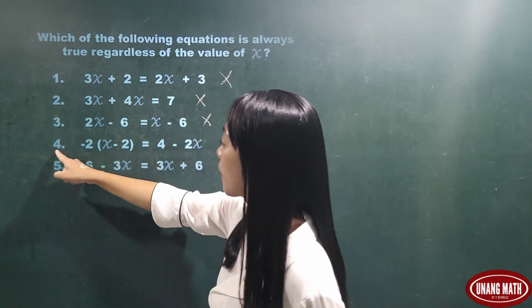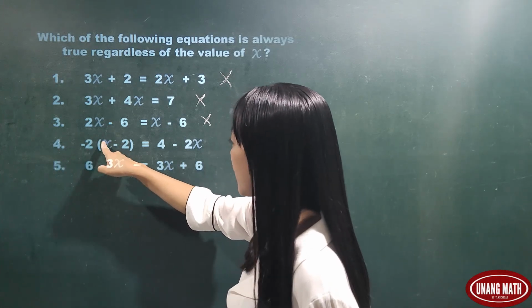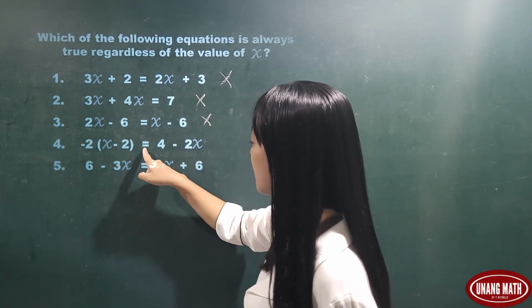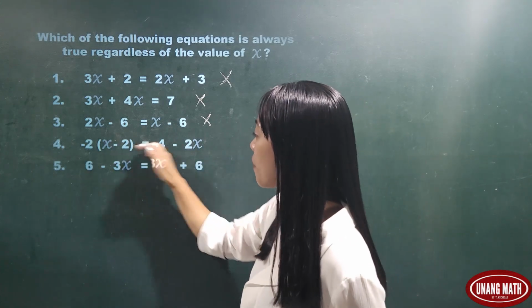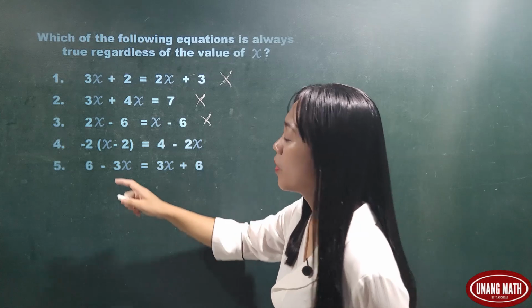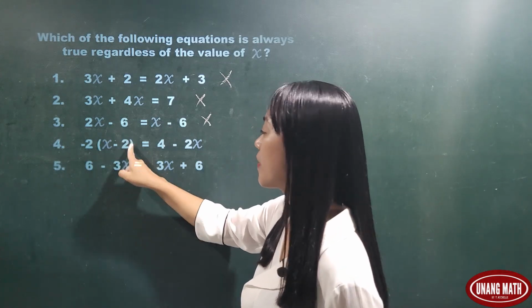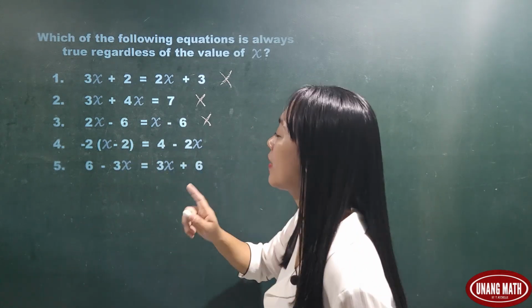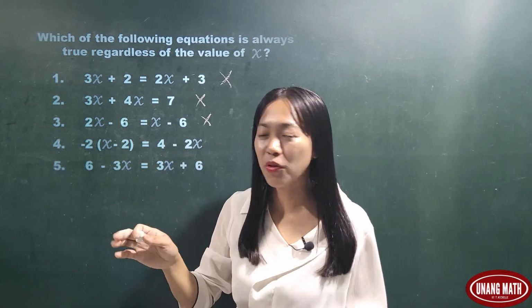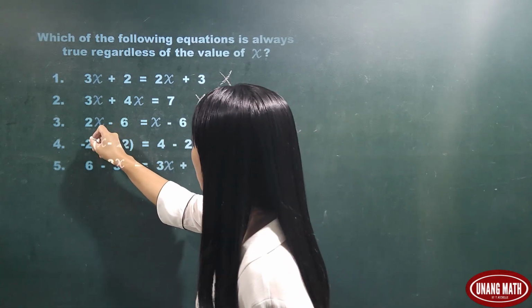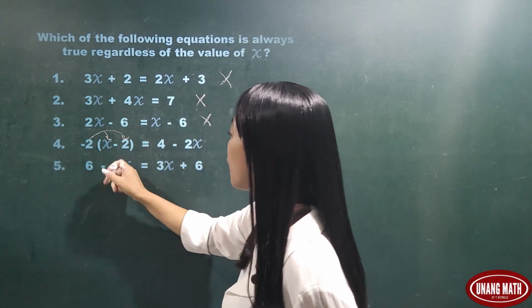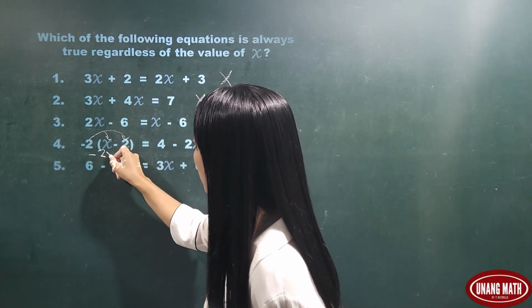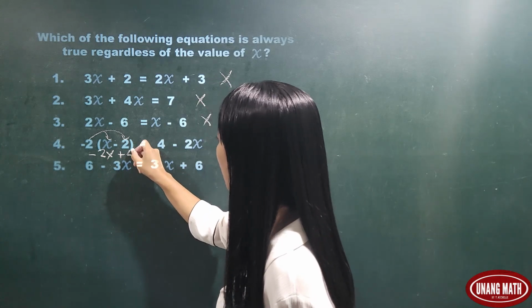How about here? Negative 2 times the quantity x minus 2 is equal to 4 minus 2x. We can compare these two expressions. We have to remove the parentheses, and we can do that by using the distributive property. Negative 2 times x and negative 2 times negative 2. So this is negative 2x plus 4.